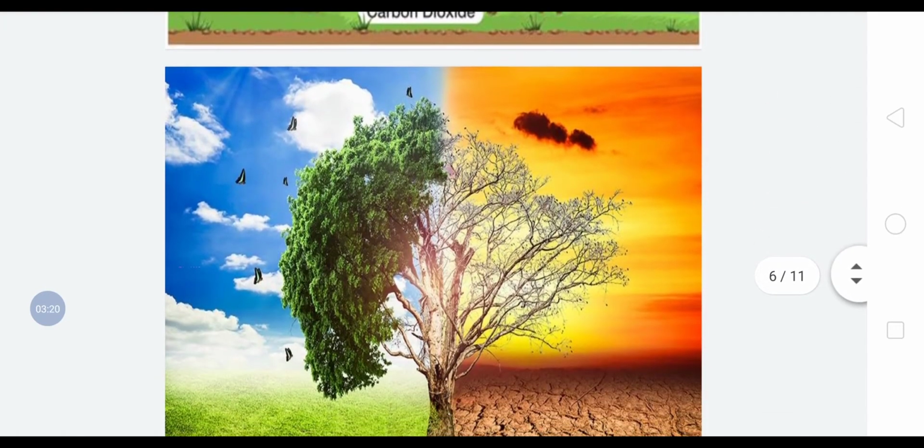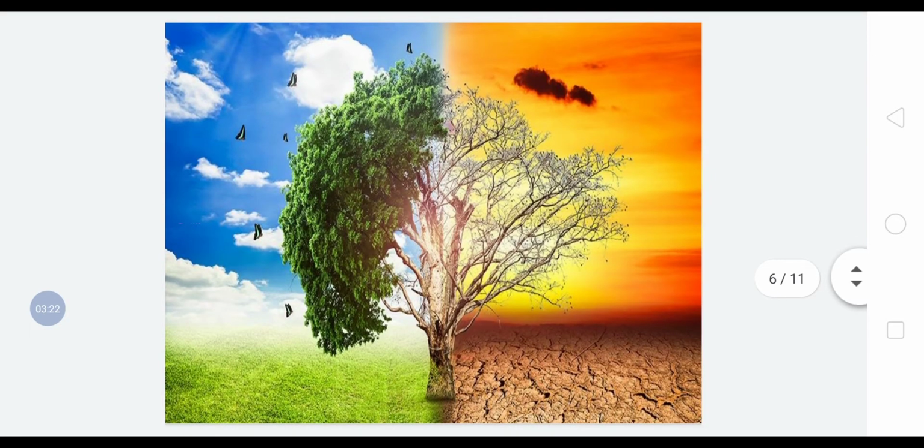Now, if the amount of carbon dioxide increases, it can create global warming. We all know this, and it has adverse effects on living beings.